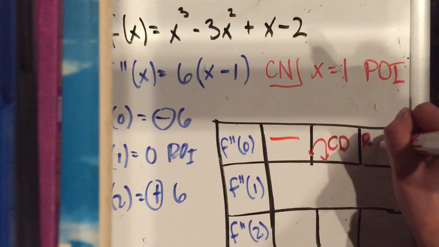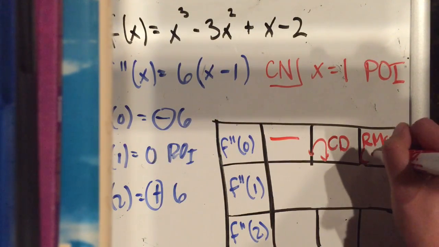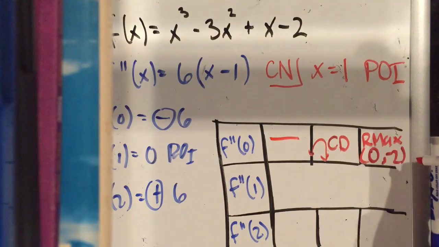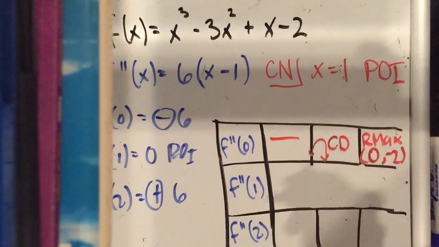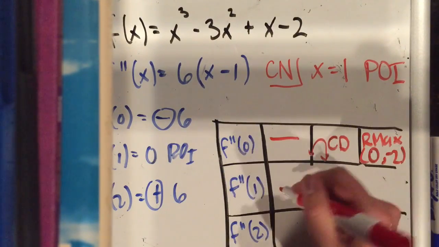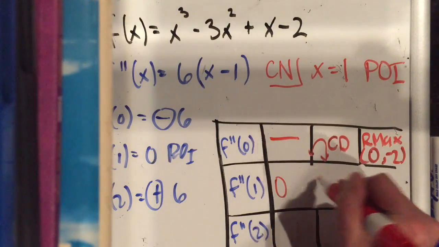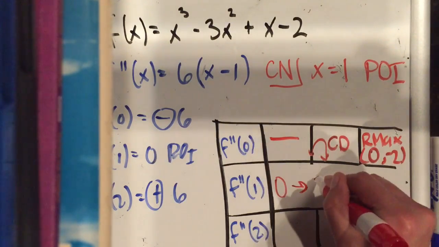And then this leaves us with a relative max with the point 0, negative 2. And we get the y value by plugging the x value back into the original function. If we were to test 1, it is 0. And this cannot be determined with the second derivative test, so this means you have to go back to the first.